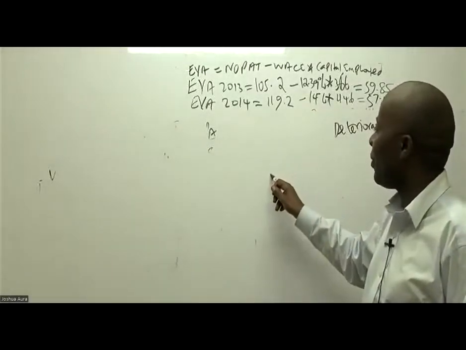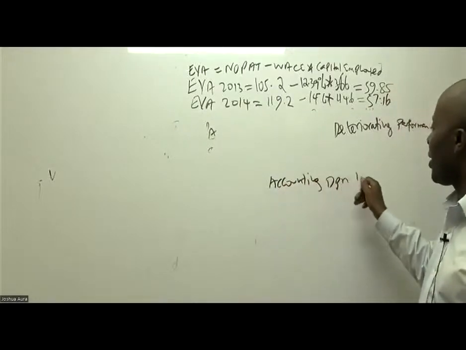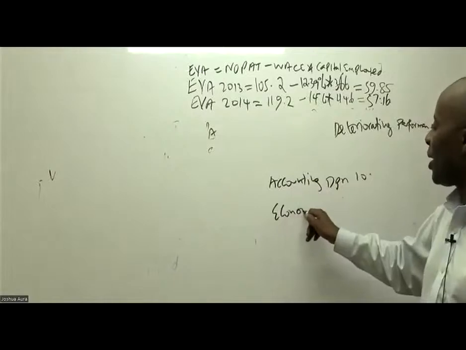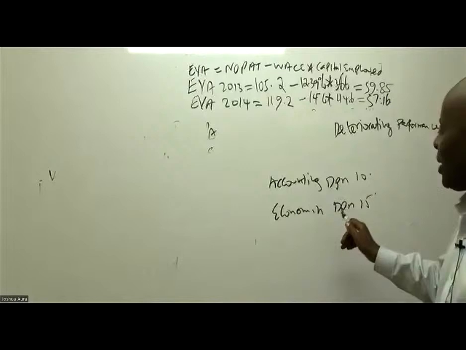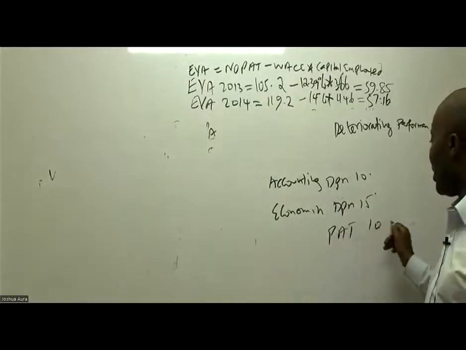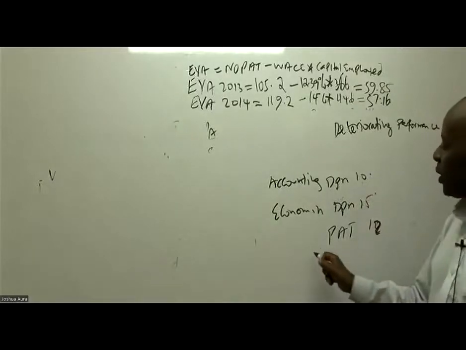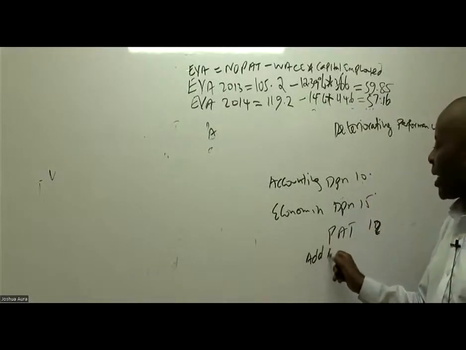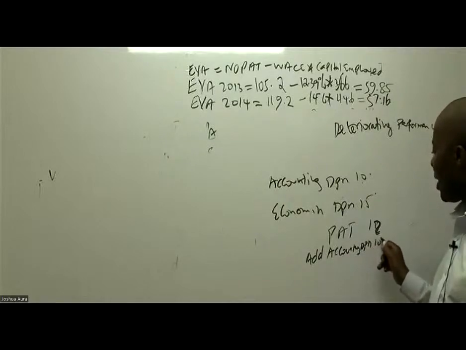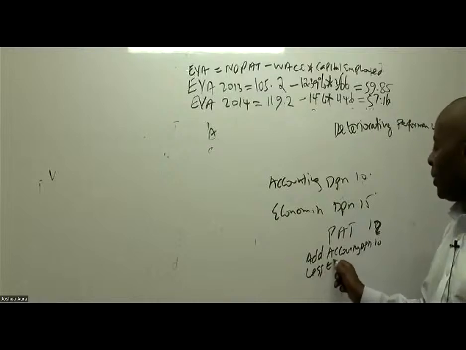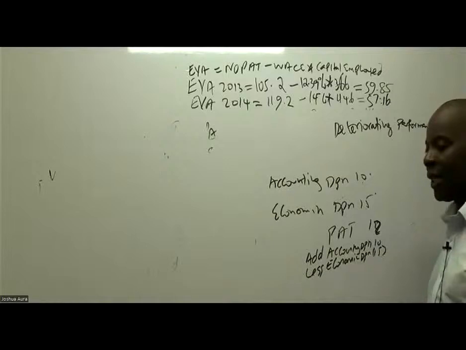If they told us that accounting or book depreciation is 10, and economic depreciation is 15, then in my profit after tax I would add back the accounting depreciation, 10, because it's the bad one, and then less the economic depreciation, 15, if they're different.